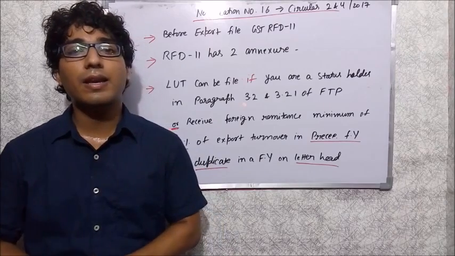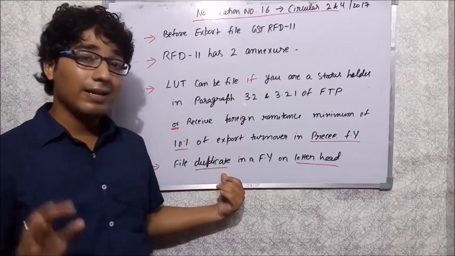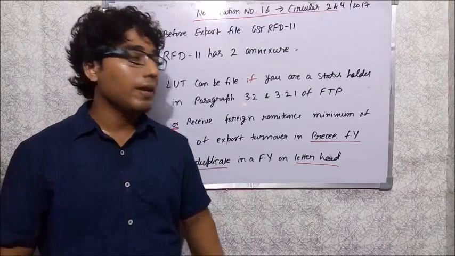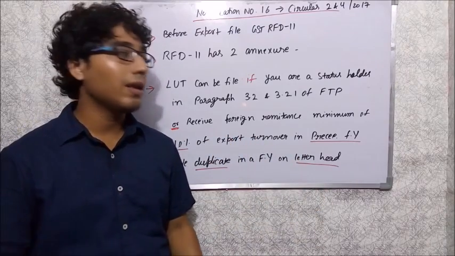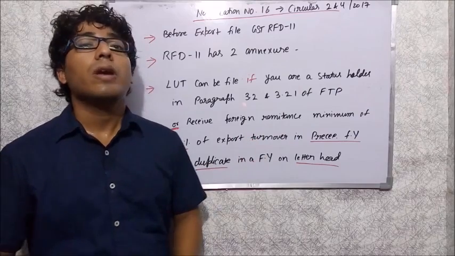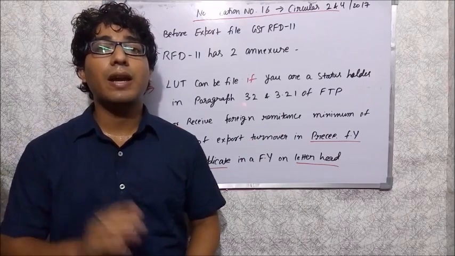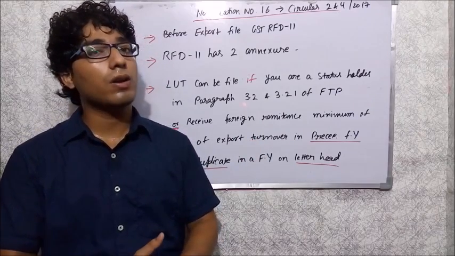So that is a letter of undertaking which you need to file in duplicate, on the letterhead, and it will be valid only for 12 months.